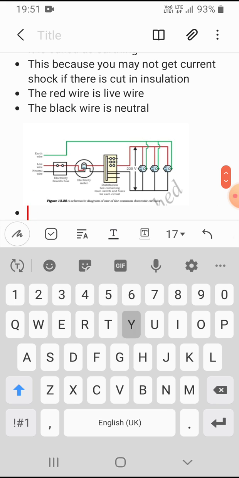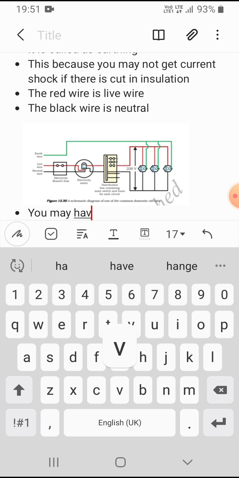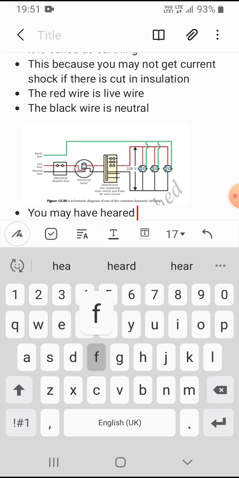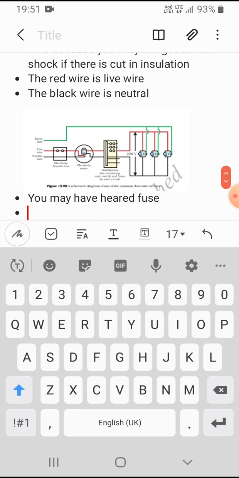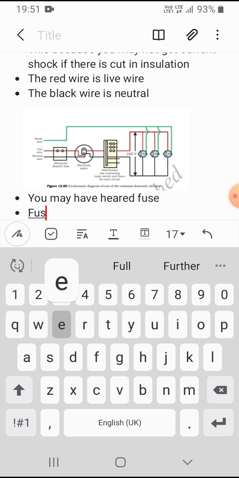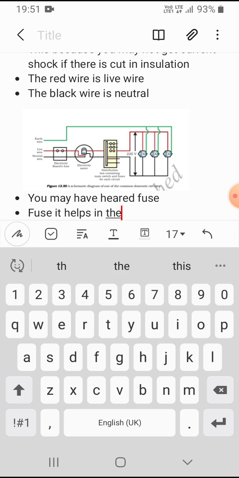You may have heard about the fuse. Fuse in a circuit. The fuse helps at the time of overloading.